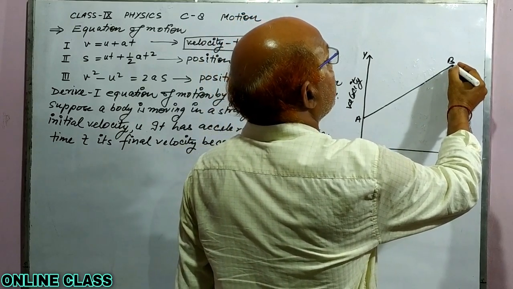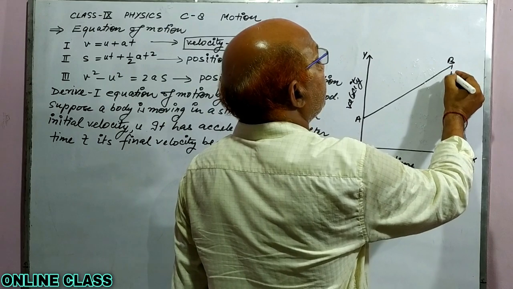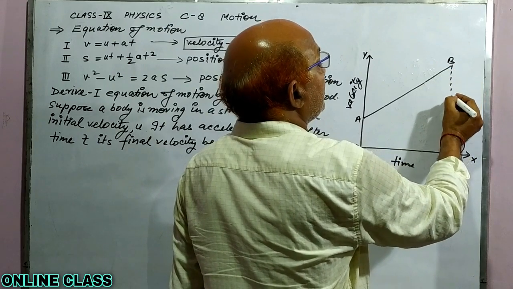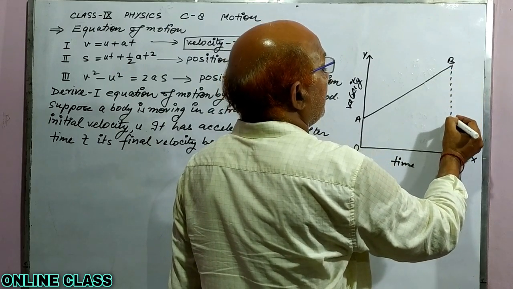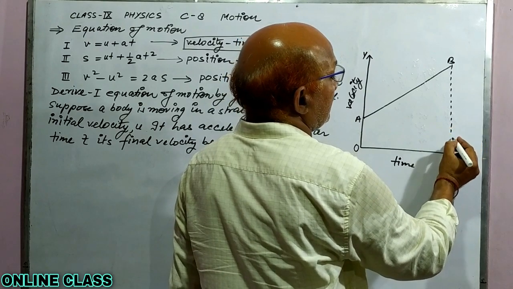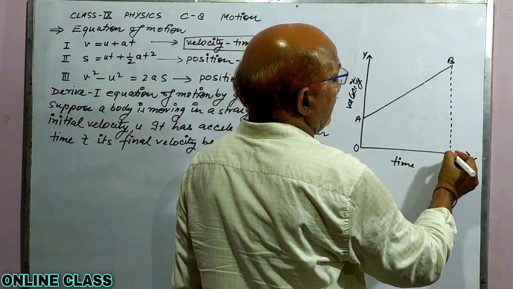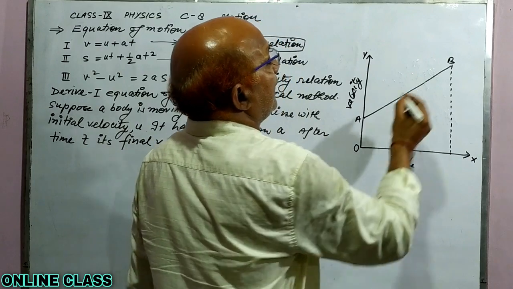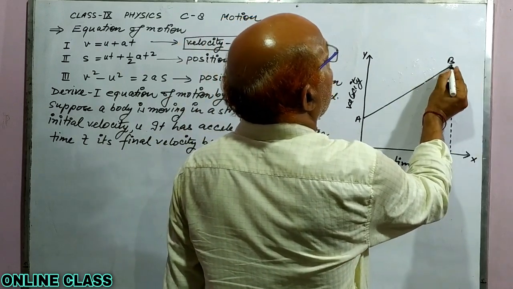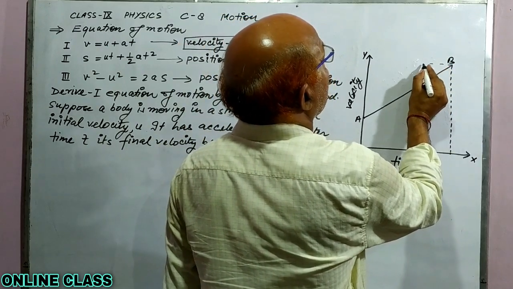This is velocity time graph. From point B, drop perpendicular on x axis and on y axis.